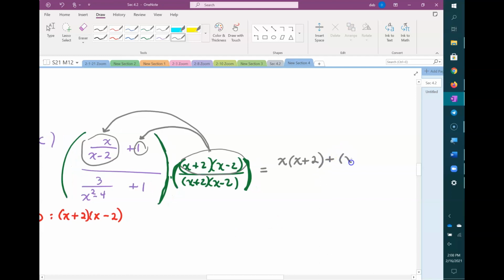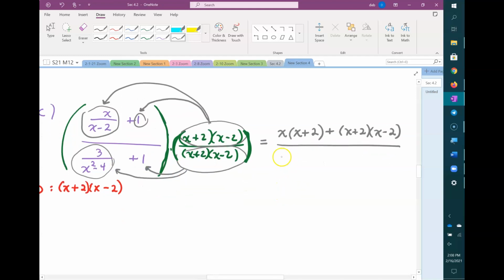Plus, and then nothing cancels, so I'll get x plus 2 and x minus 2 when I multiply by the 1. Then I have that denominator times, again, 2 terms. The entire denominator cancels, leaving me with 3 plus x plus 2, x minus 2.